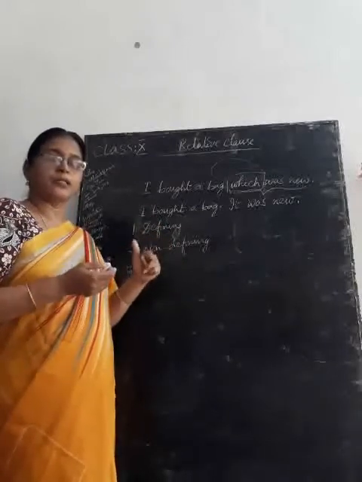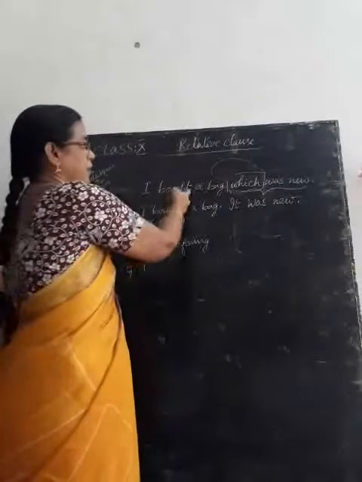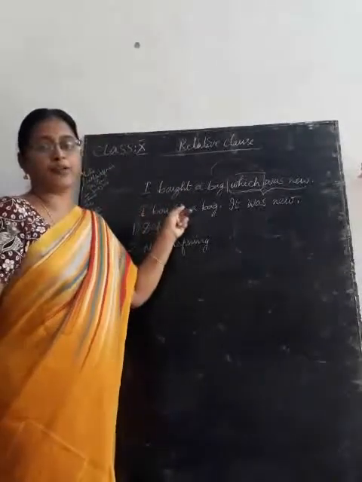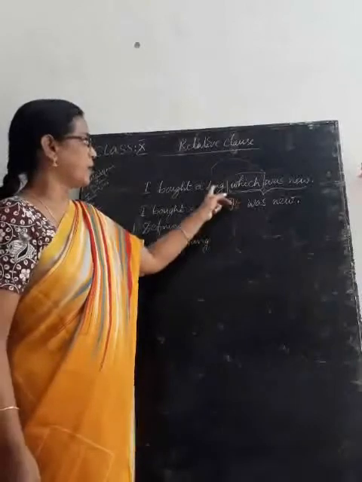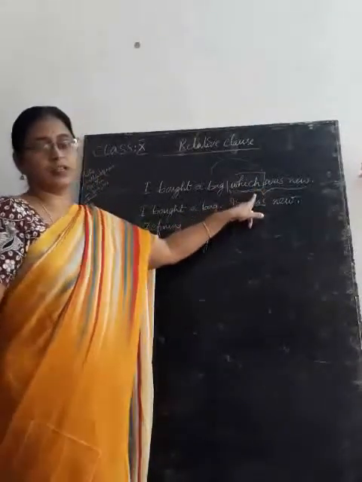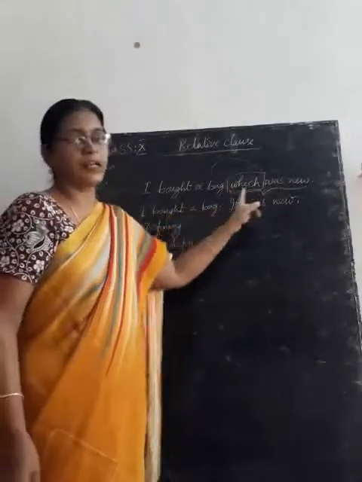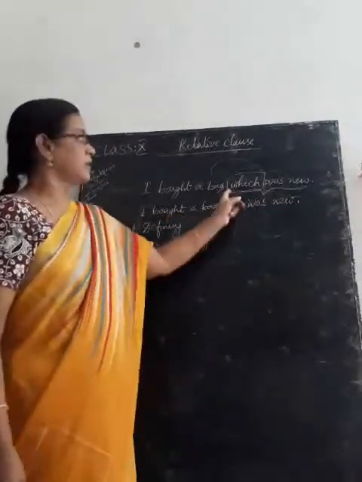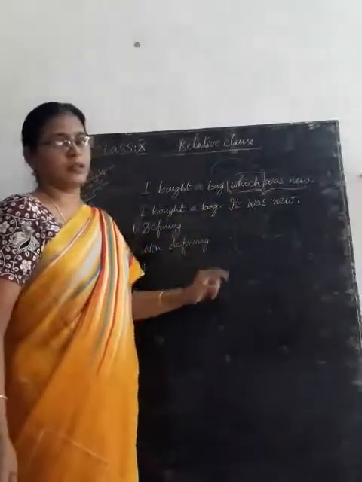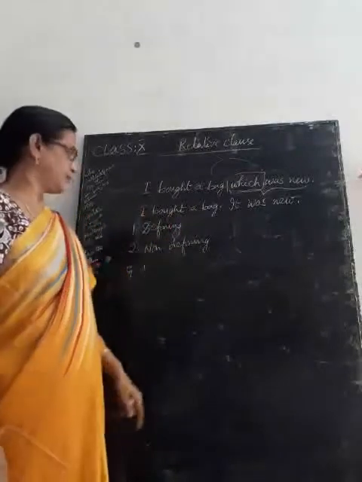The noun can be a subject or an object in a sentence. See here I have given a simple way. I make it combine as one sentence by using relative pronoun which. This is relative pronoun. The sentence is relative clause that describes the same noun.